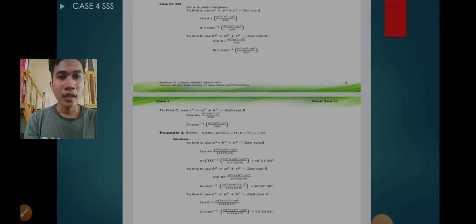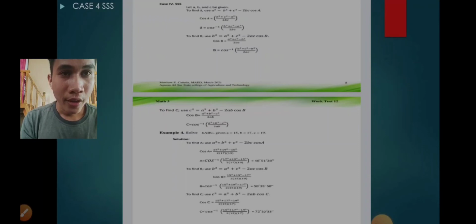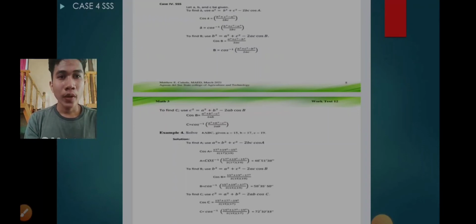Solve triangle ABC given side a equals 15, side b equals 17, and side c equals 19. To find A, use a squared is equal to b squared plus c squared minus 2bc cos A. So cos A is equal to 17 squared plus 19 squared minus 15 squared over 2 times 17 times 19.